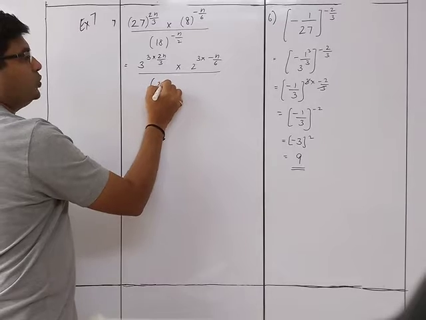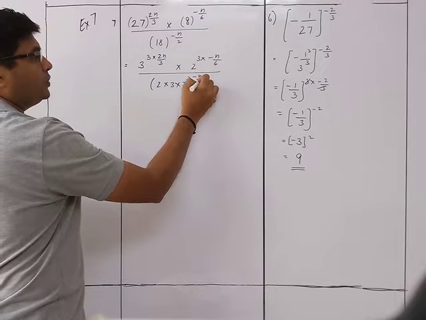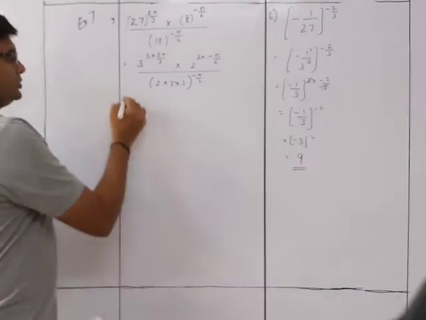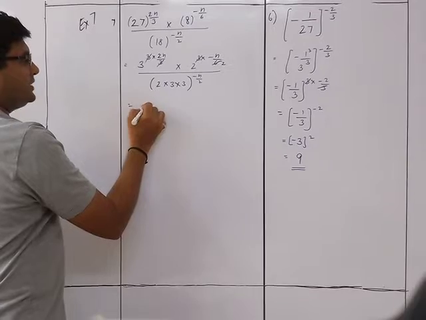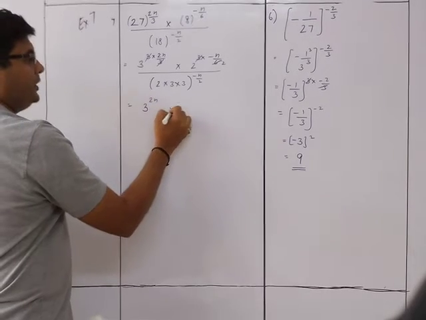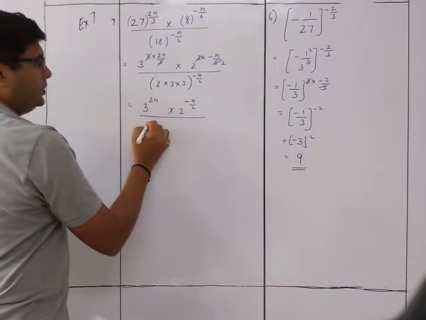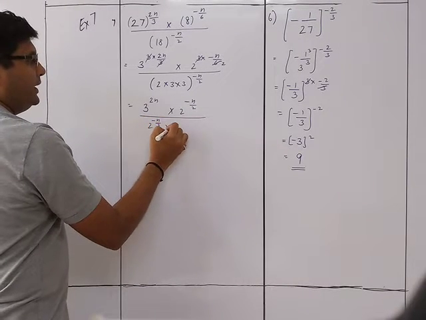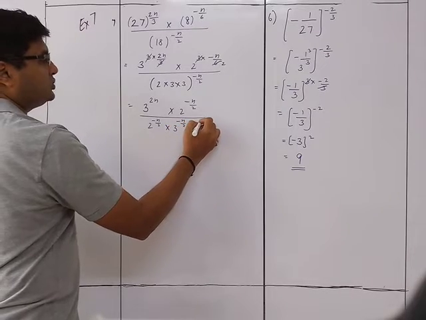So 18 is 2 into 3 into 3 raised to minus n upon 2. So that gives me over here, this gets cancelled to 2. So you get over here 3 raised to 2n into 2 raised to minus n upon 2 whole upon 2 raised to minus n upon 2 into 3 raised to minus n upon 2 into 3 raised to minus n upon 2.